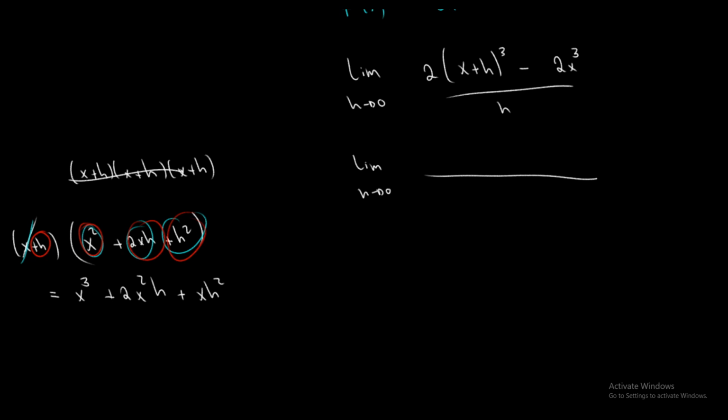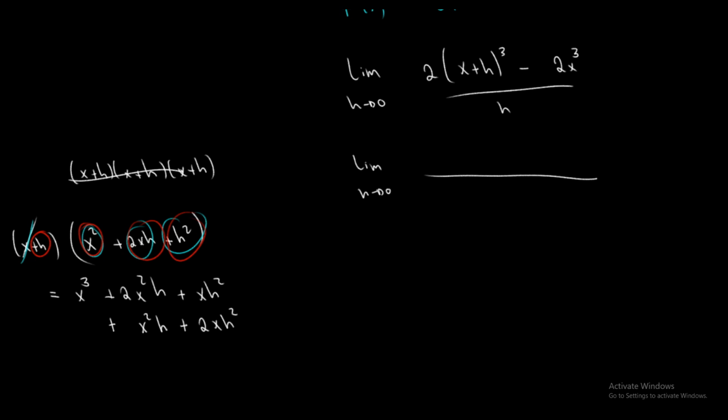So h times x squared is going to give me, I'm going to place it over here to make it a bit easier. Ideally, you want to place all of the remaining values over here, but for the video purpose, I'm going to place it below so we don't get confused. So this is going to give me x squared h. Then I have h times 2xh, which gives me plus 2xh squared.